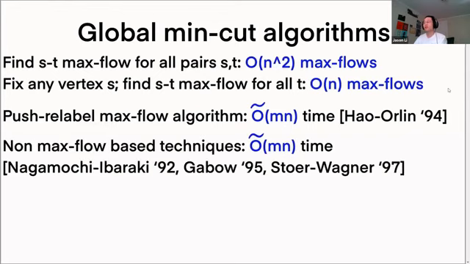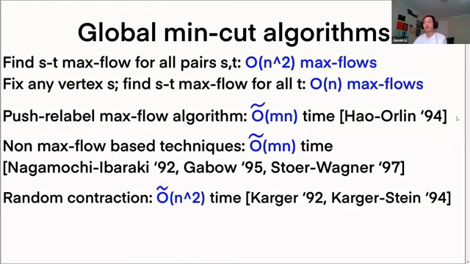Since then there have been algorithms specialized for the global min cut problem that do not work for ST min cut. But for these algorithms, the best running time is also mn, until Karger came along and introduced the idea of randomization to the problem. His famous randomized contraction algorithm runs in time roughly n squared.